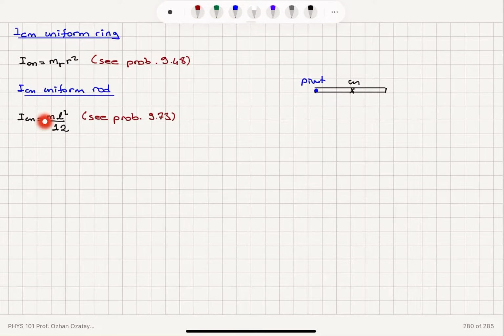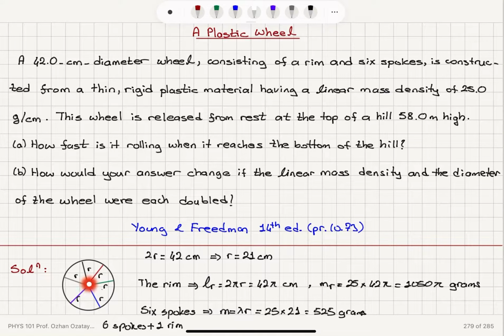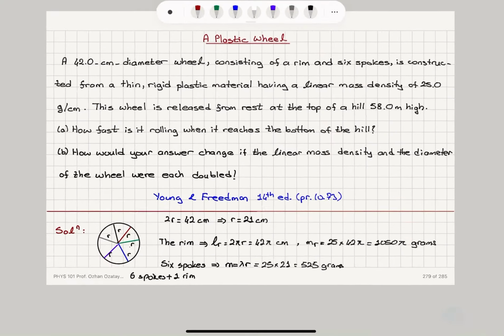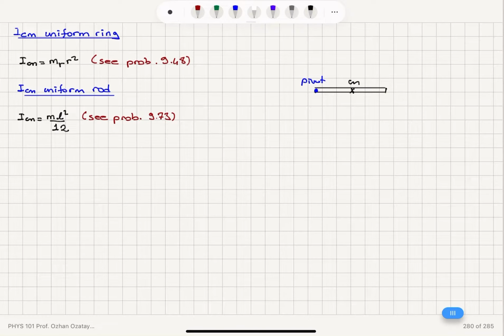It is mass of the rod times length squared divided by 12. Now we have a different situation here. This is one of our spokes. We know the moment of inertia for the center of mass, but the pivot is at one end. So you can see here the pivot is at one end of this uniform rod. So in that case, we have to use the parallel axis theorem.